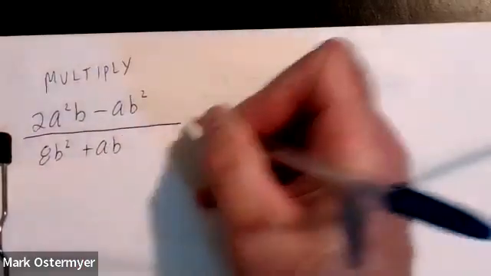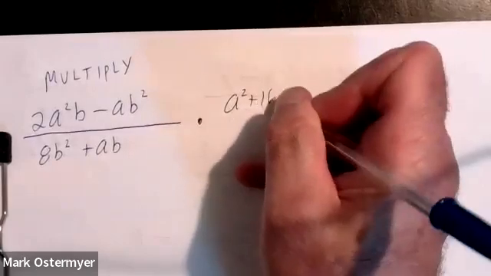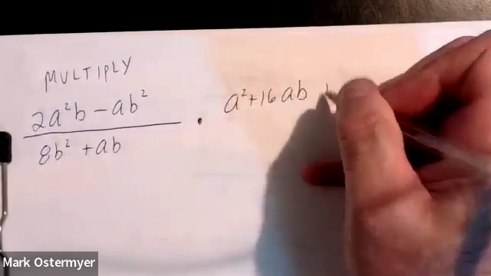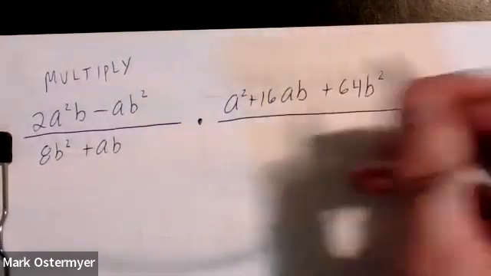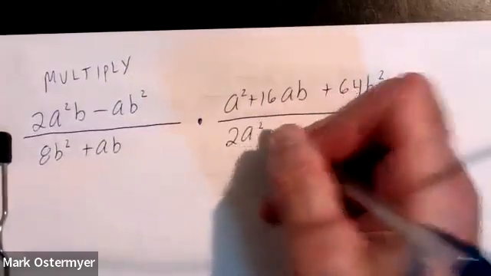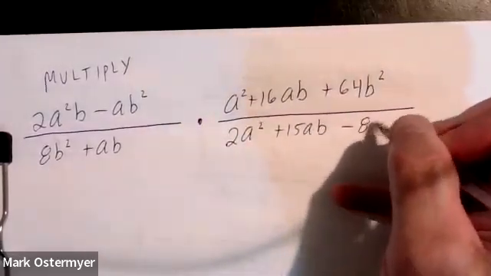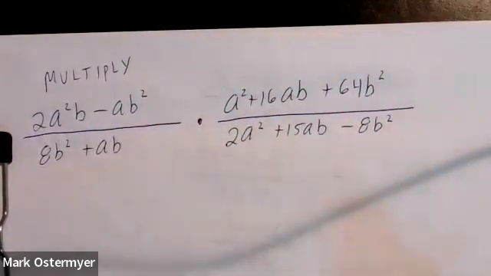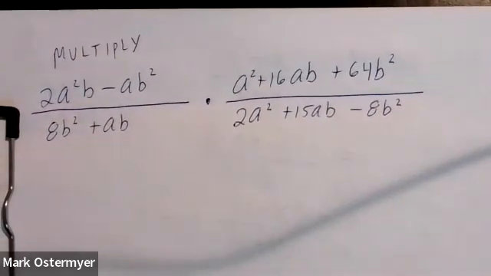We're going to take this rational expression and multiply it by a squared plus 16ab plus 64b squared, over 2a squared plus 15ab minus 8b squared. So we're going to multiply these rational expressions together, and obviously we want our answer to be reduced.